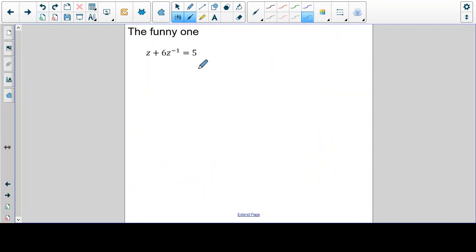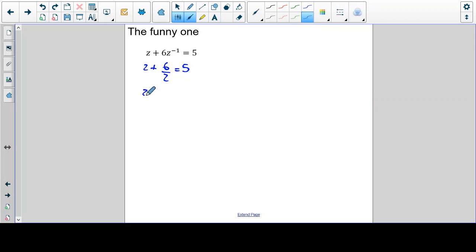Okay, next one's slightly different. You might think, right, we just have to subtract this 5 to make it equal to 0 so that we can solve it. But then, what's this a quadratic in? What's being squared here? It's not z to the minus 1, because if we square z to the minus 1, you get z to the minus 2. Well, if we just rewrote this, to turn this into a quadratic, we can just multiply everything by z.